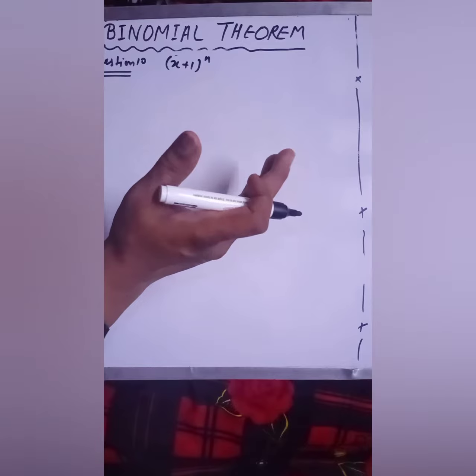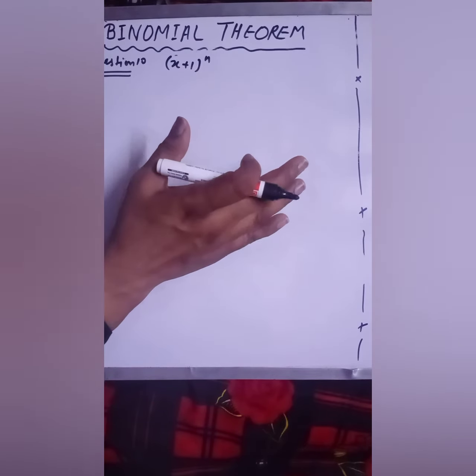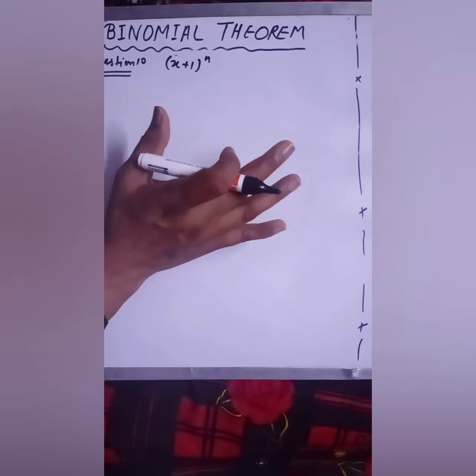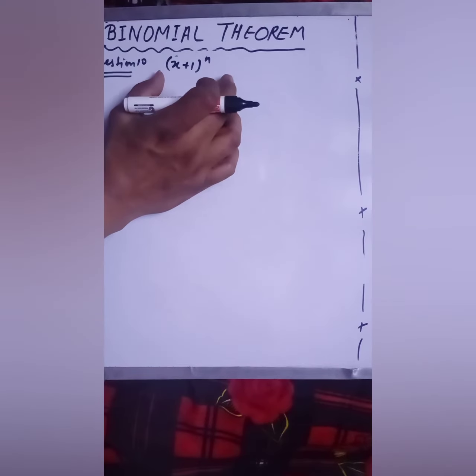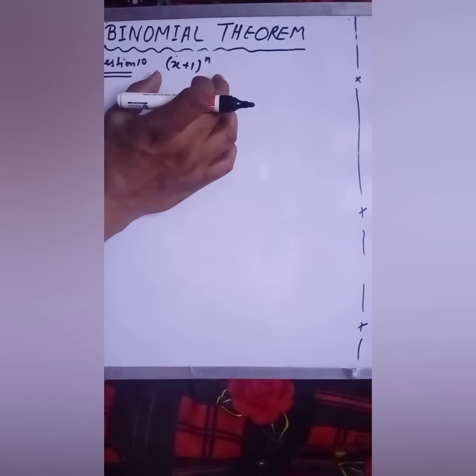The ratio of the coefficients of these terms is given, that is 1:3:5. So first of all we have to find the r minus 1th term of this expression.